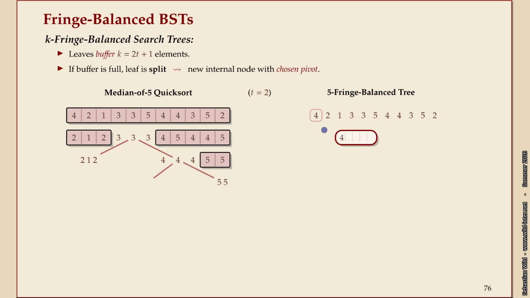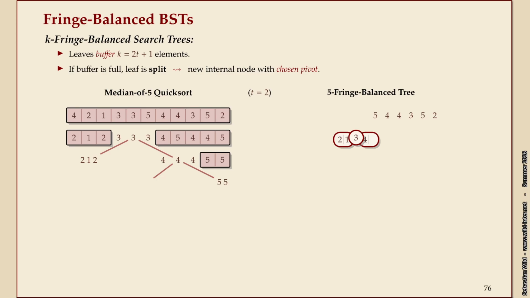So here for median of 5, I have leaves that can hold up to 5 keys. And when I insert into such a leaf, I'm just collecting these elements until it's full. But once it's full, I'm finding the median in this leaf. That's the 3. And I partition the leaf around this median 3.